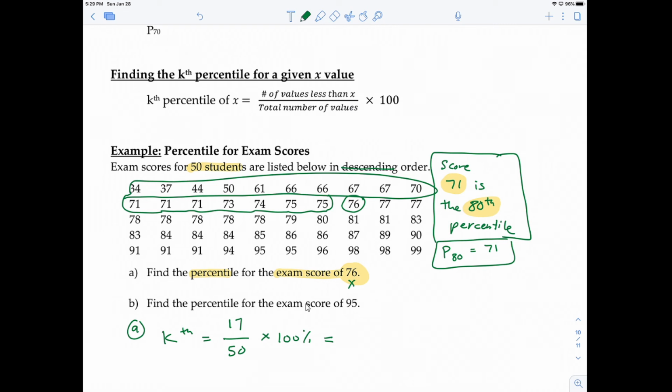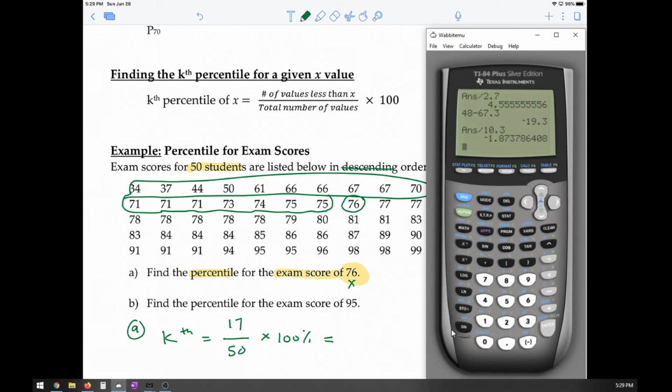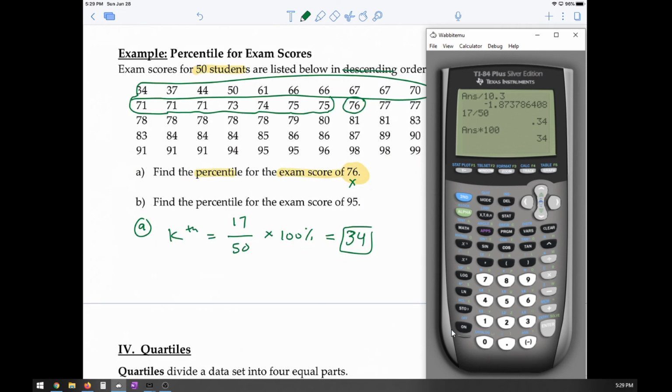Let's pull up the calculator. We have 17 divided by 50, and then we multiply by 100. We get 34. Now, what does the 34 mean? It means that a score of 76 is the 34th percentile.